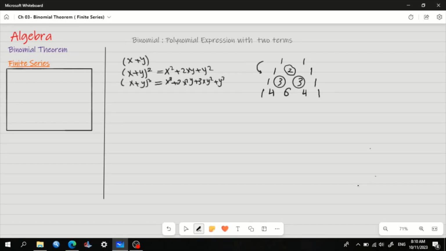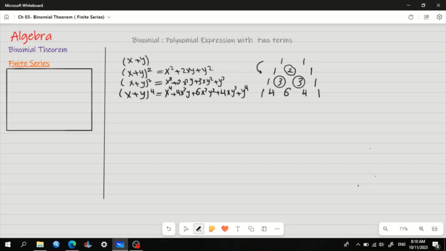So if I need to expand this bracket to the power 4, this will be equal to x to the power 4 plus 4x cubed y plus 6x squared y squared plus 4x y cubed plus y to the power 4.